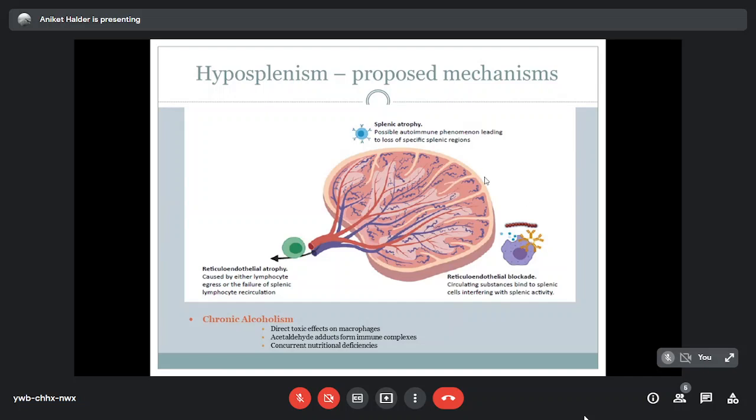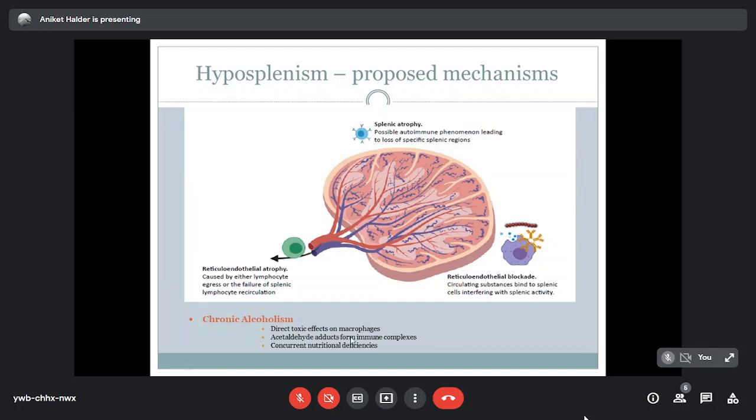Mesenteric lymph node cavitation is another entity which is associated with hyposplenism and is seen in cases of hyposplenism associated with celiac diseases, in which there will be cavitations formed in the intra-abdominal and mesenteric lymph nodes, and it is also thought to be due to an autoimmune phenomenon leading to loss of lymph nodal regions.